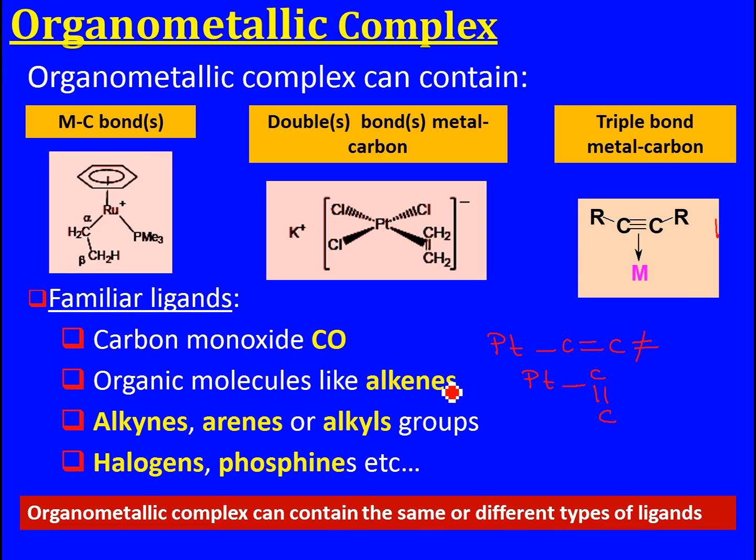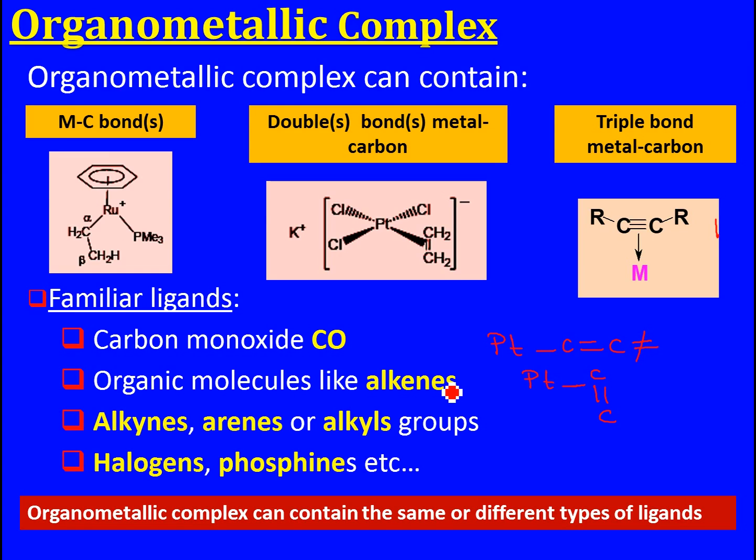Other important ligands like alkynes, arenes, or alkyl also will be studied in detail, and we have the halogens and phosphine. Phosphine is one of the most important ligands that can be bound to a metal center because the metal-phosphine bond can be broken easily if the phosphine is bulky.